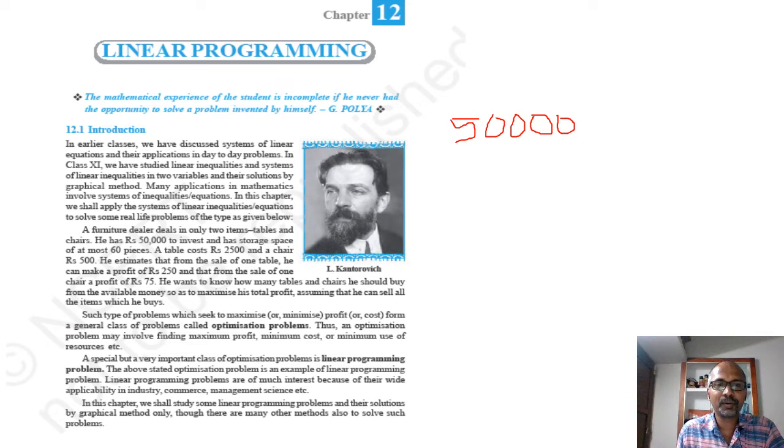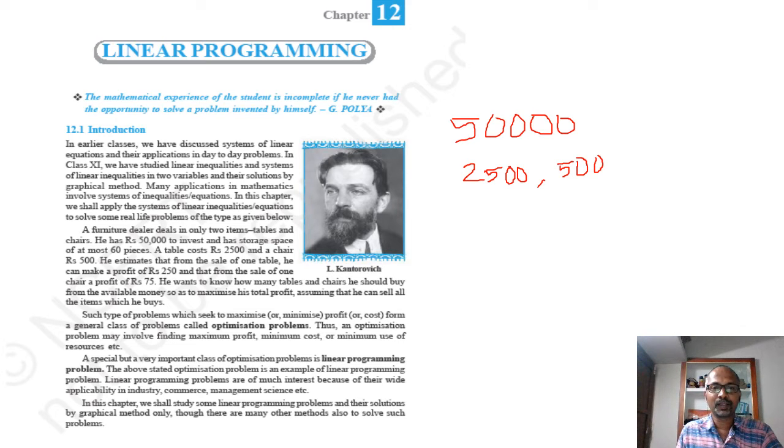And a table costs, sorry, 2,500, and a chair costs 500 rupees only. One table 2,500, one chair 500.